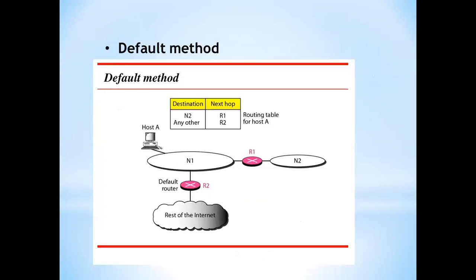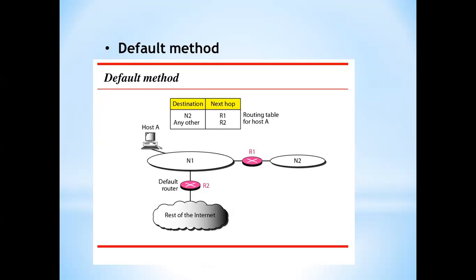Last is default method. This is one more method of simplifying the routing table. Refer to the figure in which the sending host, that is host A, is connected to the network with two routers R1 and R2. The router R2 routes the packets to the hosts connected to the network, that is the N1 network.